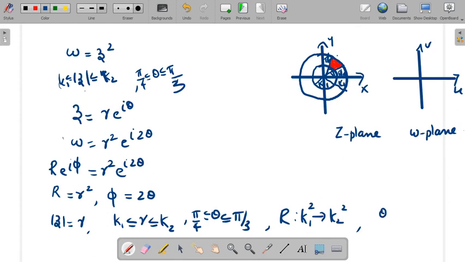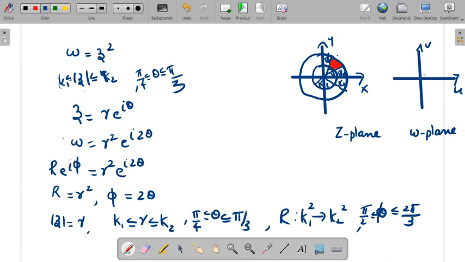And theta will vary from, phi will vary from, phi നമ്മൾ കൊടുത്തിരിക്കുന്നത് 2 theta ആണ്. അപ്പോൾ തീറ്റയ്ക്ക് pi by 4 ആകുമ്പോൾ ഫൈയുടെ വേരിയേഷൻ pi by 2 ആയിരിക്കും. pi by 3 ആവുന്ന സമയത്ത് this will be 2 pi by 3. ഓക്കെ, അപ്പോൾ ഇവിടെ k1 തൊട്ട് k2 വരെ വേരി ചെയ്യുന്ന സമയത്ത് R square varies from k1 square to k2 square.